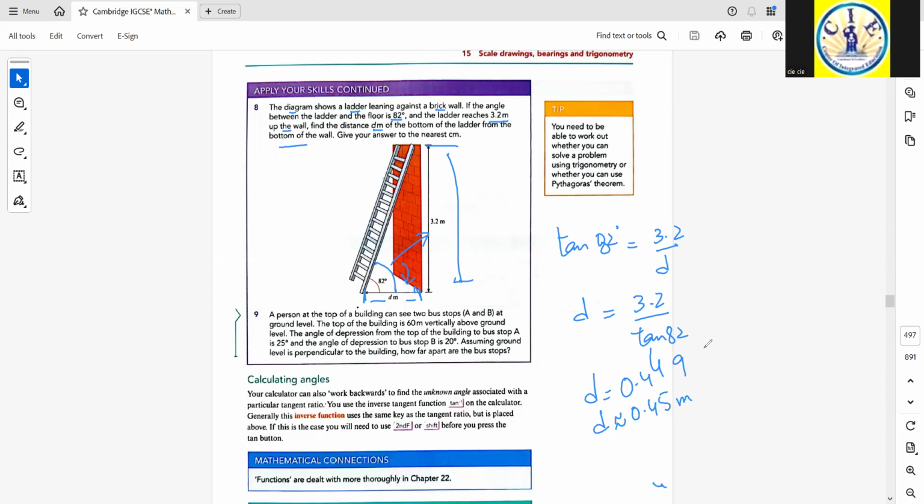Then finally it is question number 9. A person at the top of a building can see two bus stops A and B at ground level. The top of the building is 60 meters vertically above ground level. Like for example, this is a building.